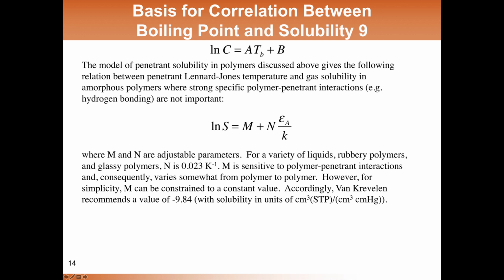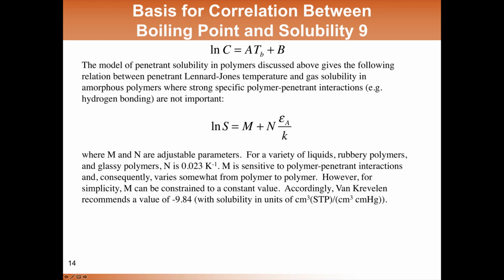And that's remarkable. I'm going to show you an example of that in a moment. And what it says is that the gas solubility in a given liquid or polymer changes very regularly with the Lennard-Jones well depth. Critical temperature also works very well here.